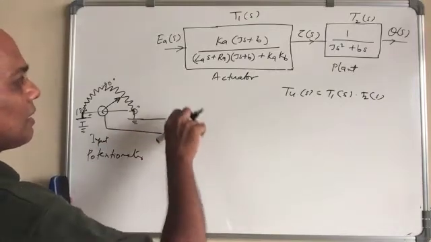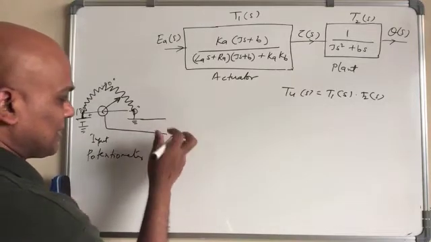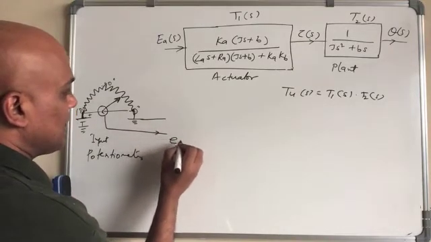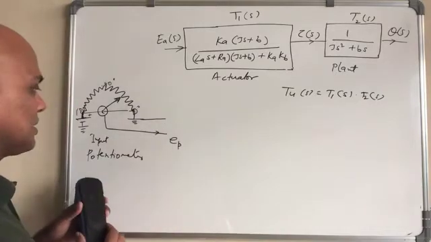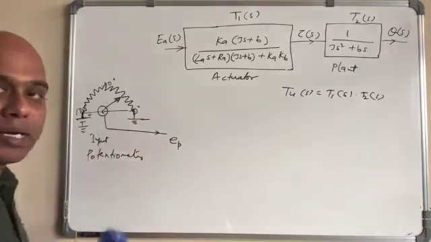Let us say EP is the potentiometer voltage, with respect to, of course, the ground.